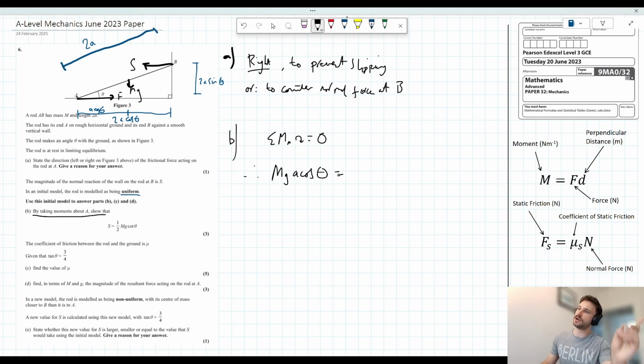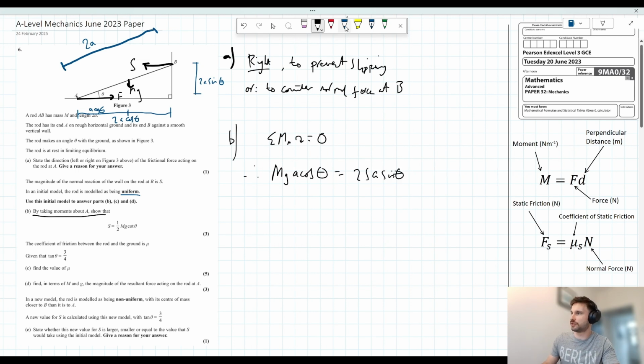Things acting anti-clockwise then, well, we've got this normal force here. That is 2a sine theta away from point A. So we can say S times 2a sine theta.